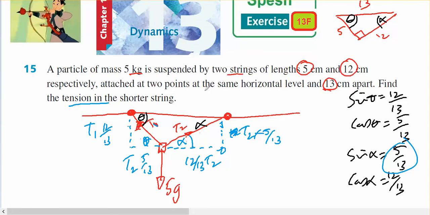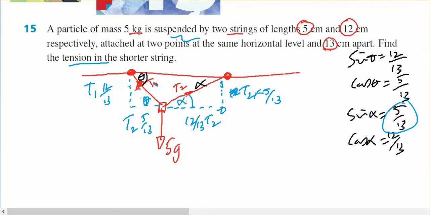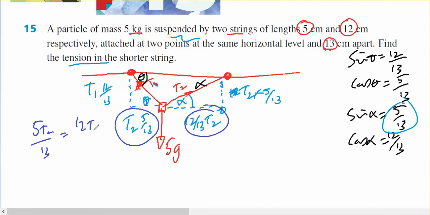So since it is suspended, it's all equal. Therefore, this equals that. So 5T2 on 13 equals 12T1 on 13.